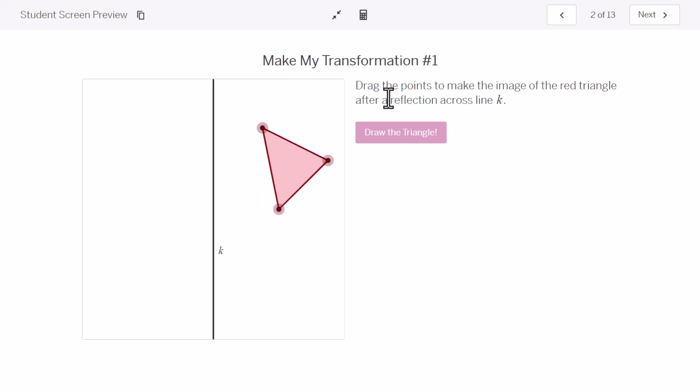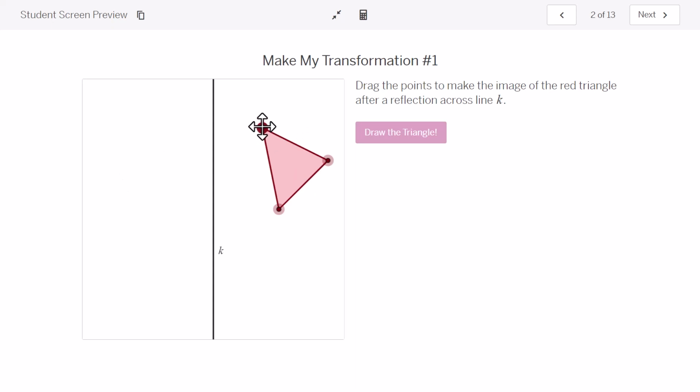For the next few slides, we're going to look at a transformation in 2 different ways. We're going to have a reflection here. We're asked to drag the points to make the image of the red triangle after a reflection across line K. So here's our mirror, and we're going to try to find the image from this pre-image by dragging these points.